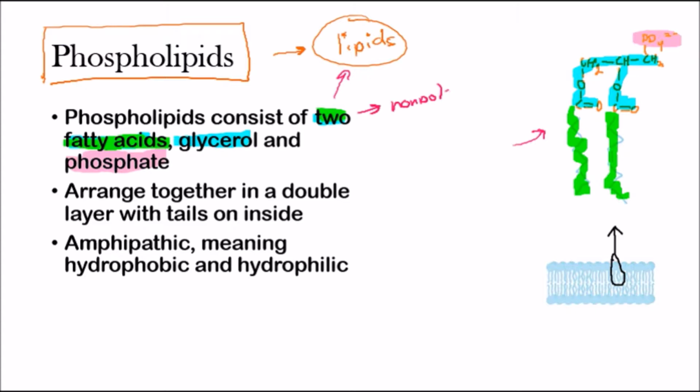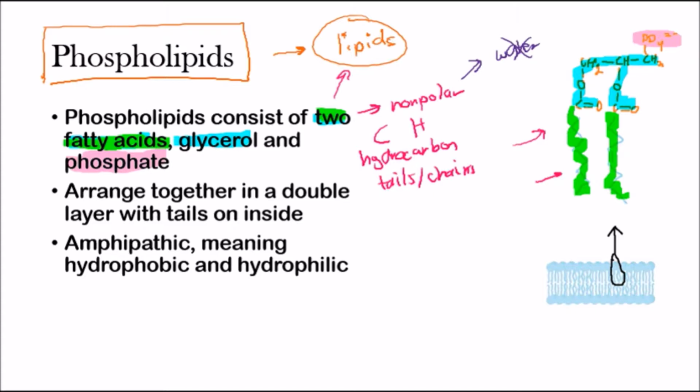They are nonpolar because they consist of just carbon and hydrogen. Sometimes you also refer to these fatty acid chains as hydrocarbon chains or hydrocarbon tails. And we know that they're nonpolar. So why is that important? Because they are nonpolar, they do not mix well with water.